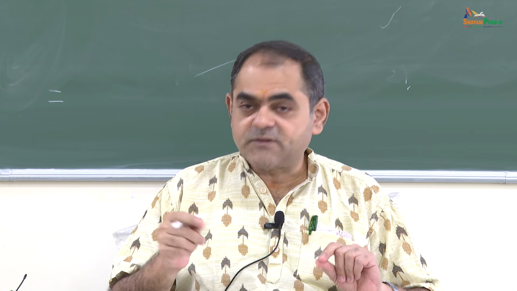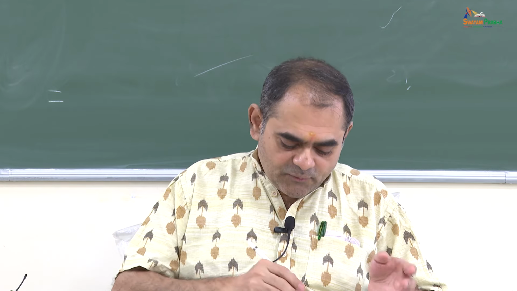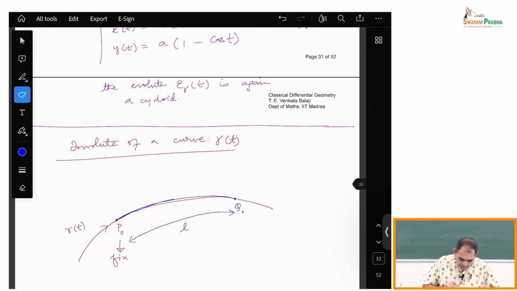Of course, this L can be varied, but that's not the point. The point is that you fix a particular L and try to analyze what this is. So now you think of this blue portion here as a piece of string sitting on the curve, and then you gently pull this out.